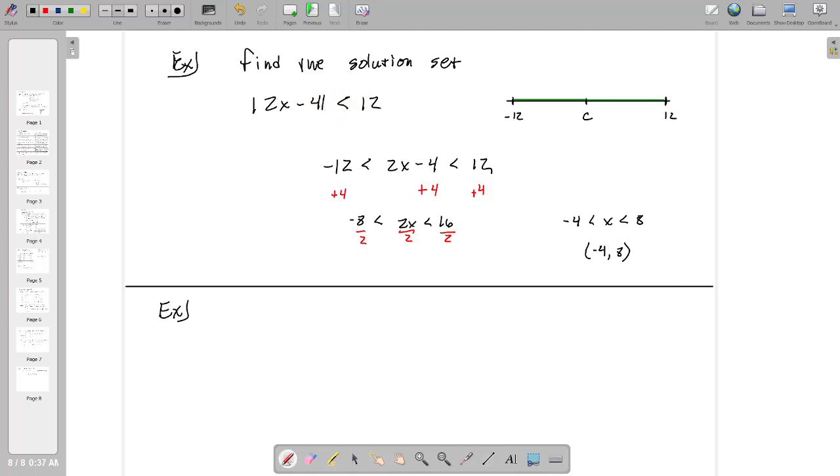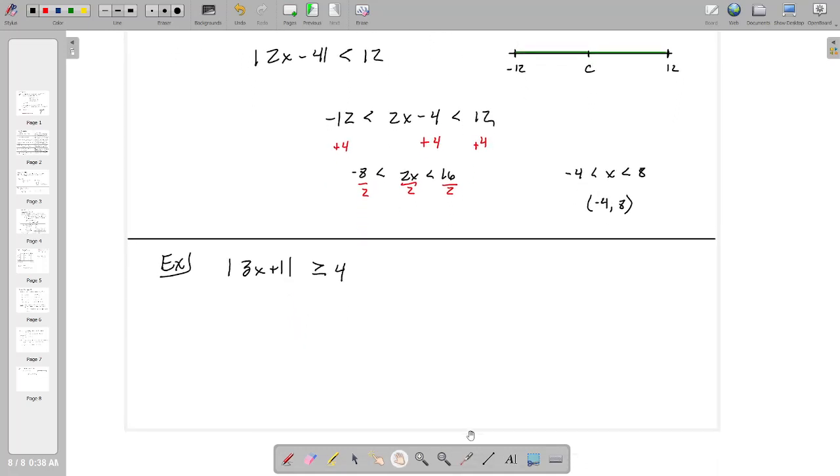Do another example here. Suppose we have the inequality absolute value of 3x plus 1 is greater than or equal to 4. So now we need to solve this inequality. It's a similar situation. Let's draw a number line. Put a 0 here, 4, and negative 4.